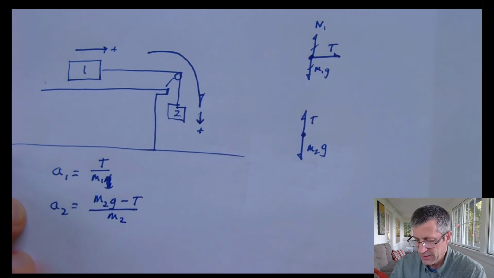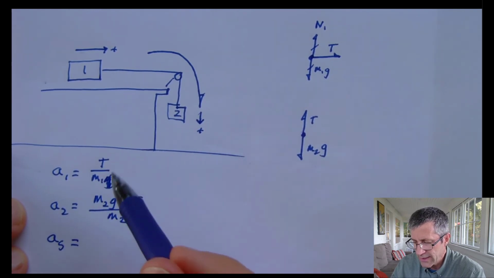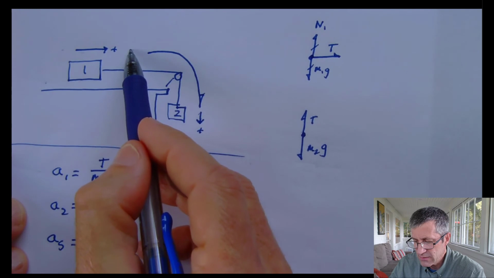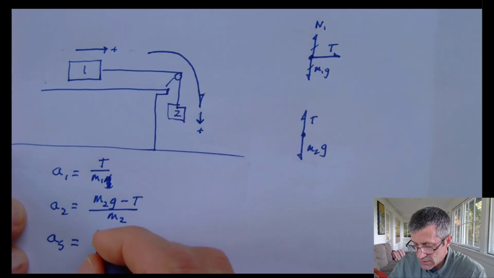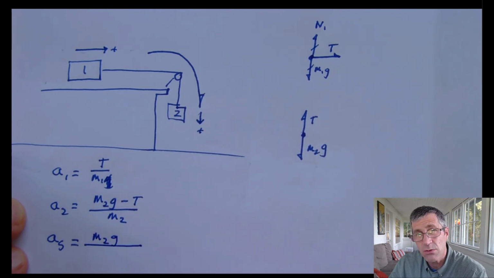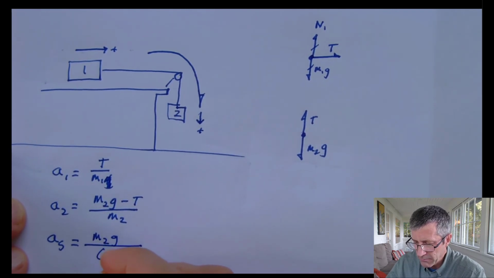And my system altogether, my acceleration for my system, well, what's it going to be? Notice that I have positive tension here, negative tension here, and then g. So my tension disappears, and I'm left with m2g as the only external force acting on my system in the direction of motion, and I divide that by the mass of my system.